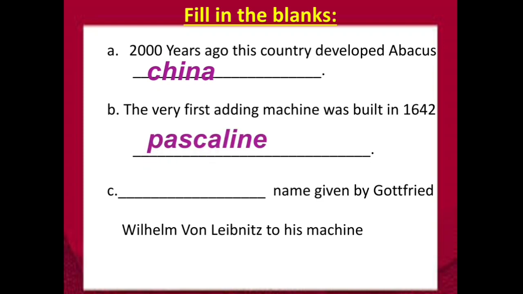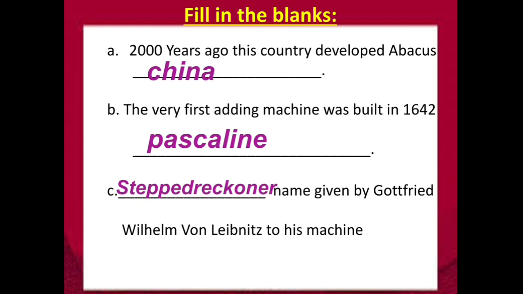Pascal line. So this is the first adding machine. Dash name given by Gottfried Wilhelm von Leibniz to his machine. What is that? Stepped Reckoner.